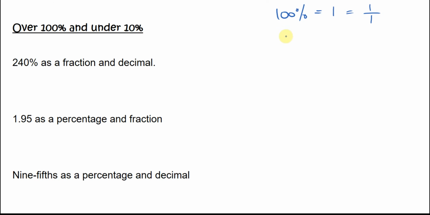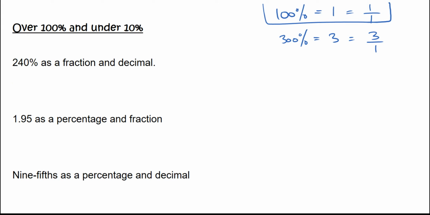If we've got, say, 300%, that's the same as 3 wholes, which is also equal to 3 over 1, so 3 wholes. So this fact here we should always keep in mind.